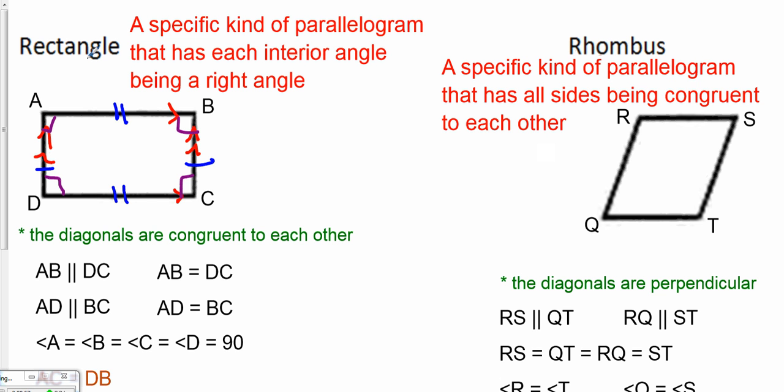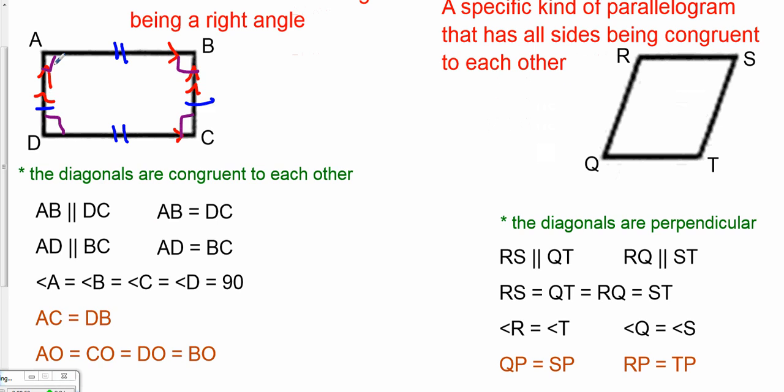It's a specific kind of parallelogram, one that has all of these being right angles. So we can say AB parallel to DC, AD parallel to BC, AB equals DC, AD equals BC, angle A equals angle B equals angle C equals angle D equals 90 degrees.